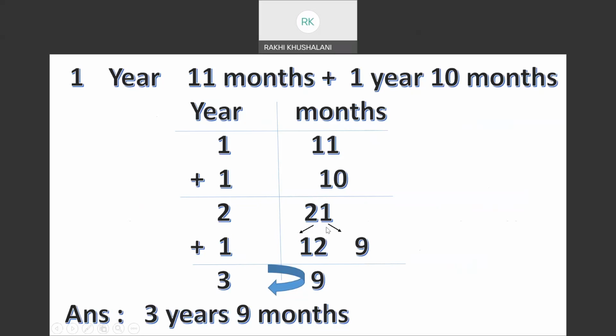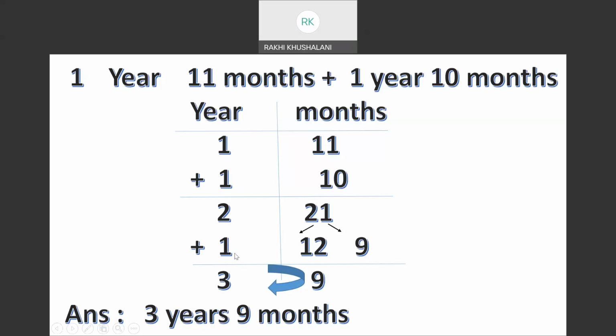Now there are no 21 months. We have 12 months in a year. So I divide this 21 into two parts, that is 12 plus 9 months. And this 12 goes as 1 year to this particular 2 years, and it becomes 3 years plus 9 months. So it gets here 3 years, 9 months.